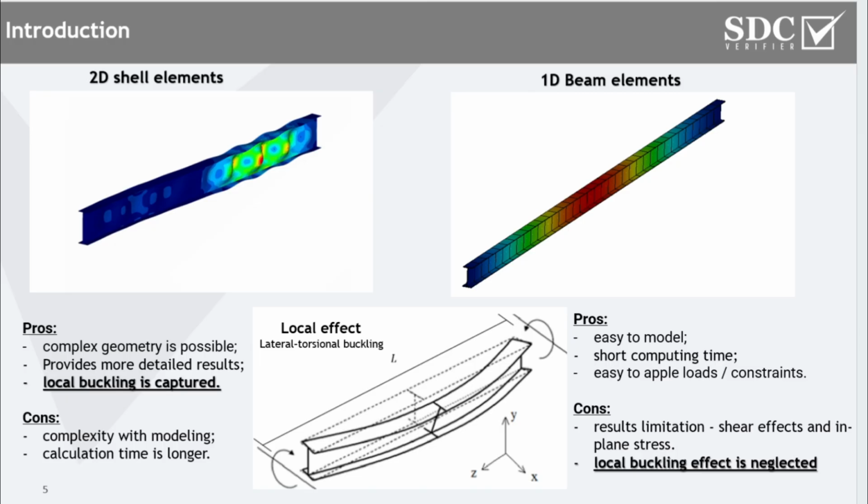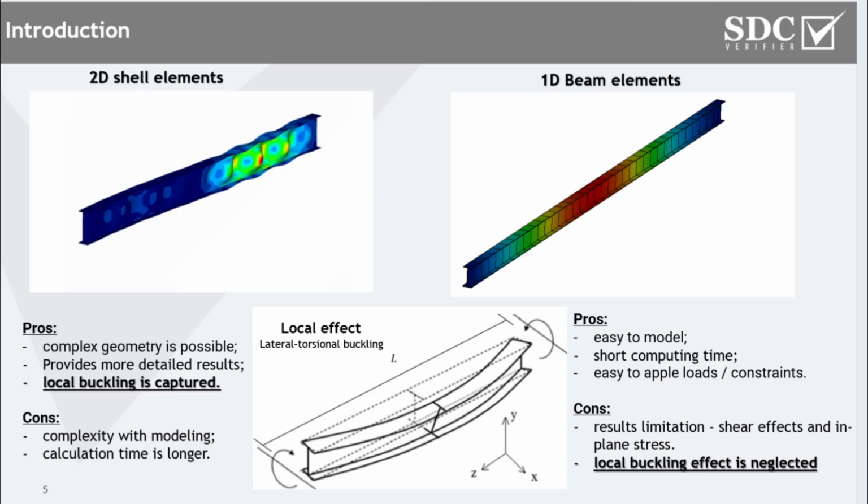But with beam elements, it's not possible to take into account the local effect of buckling, while with 2D shell elements, that's possible. So as alternative solutions, we need to calculate additional checks with shell elements for the weakest spots, or we can do the calculation based on the standard prescriptions.